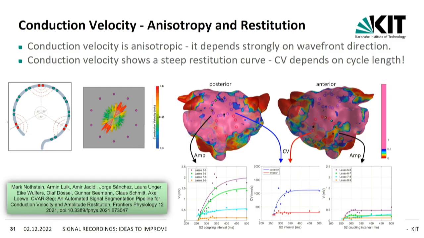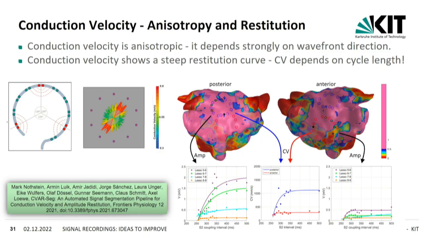We just heard a lot about conduction velocity from Natalia, and the idea was already clear from the beginning that conduction velocity is anisotropic. And here is a study where we stimulated with a lasso catheter from several directions. In the picture, you see just 3. And then we can really pick up the anisotropy. And in the lower corners, you see the conduction velocity and the voltage as a restitution curve.